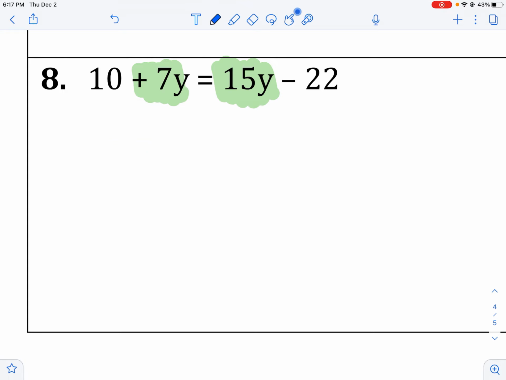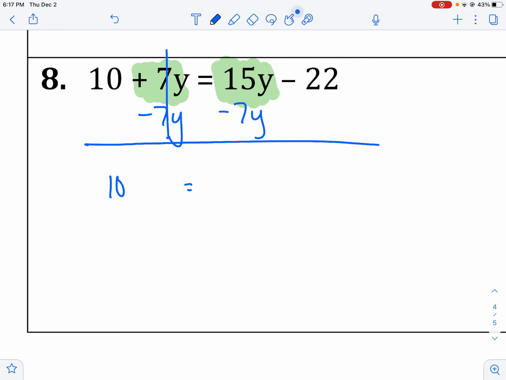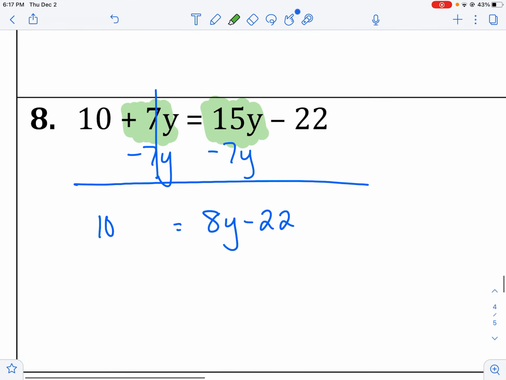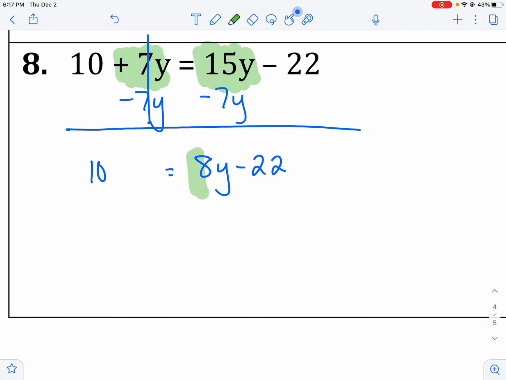So anytime you're facing a problem like this one, what I would do is move the smaller variable term over to the other side. And now I have 10 equals 15 minus 7 is 8y minus 22. And our goal here is to isolate the variable, to get our 8y by itself.